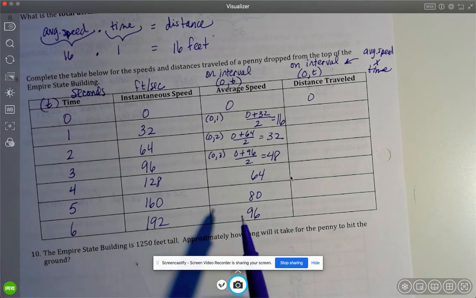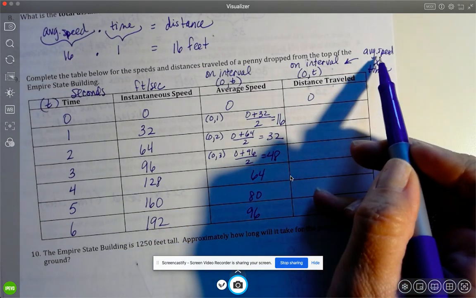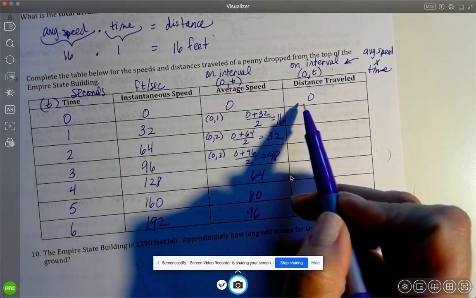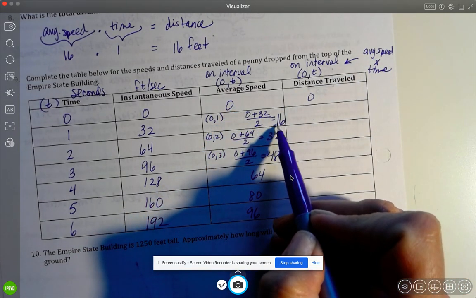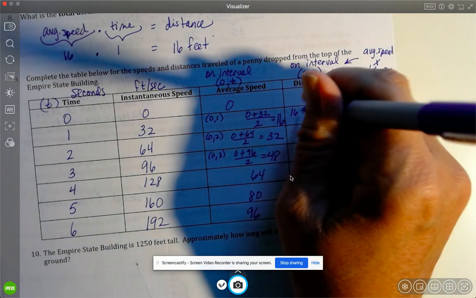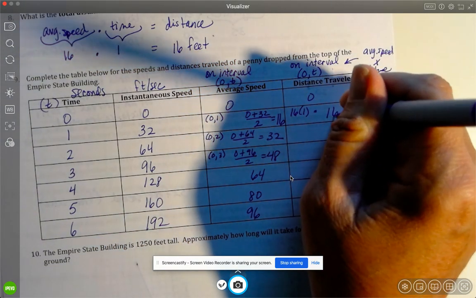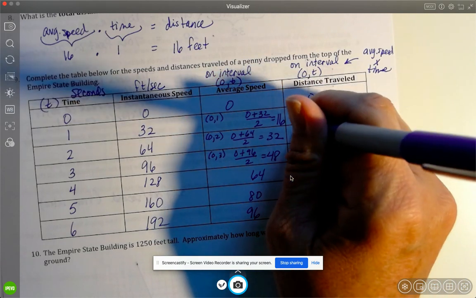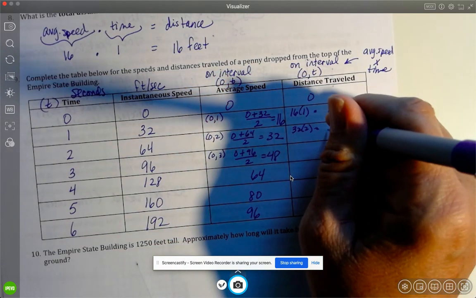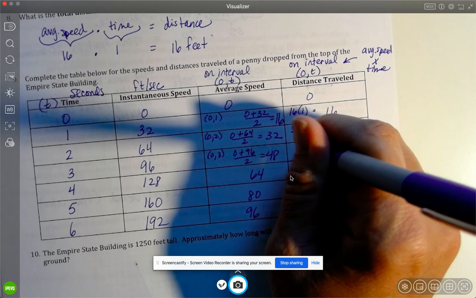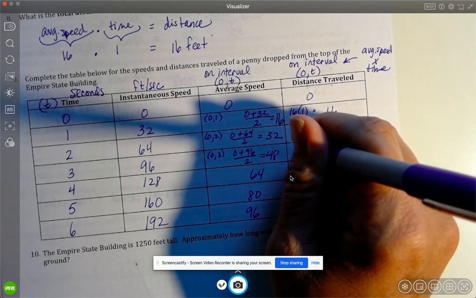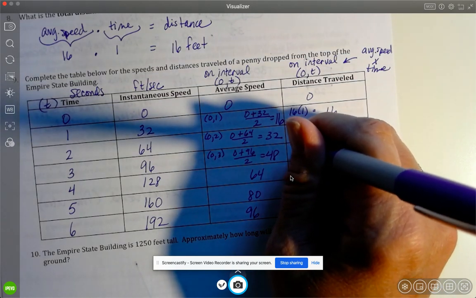Okay, distance traveled is average speed times time. So average speed times time, 16 times 1, 16. 32 times 2, 64. 48 times 3, right?